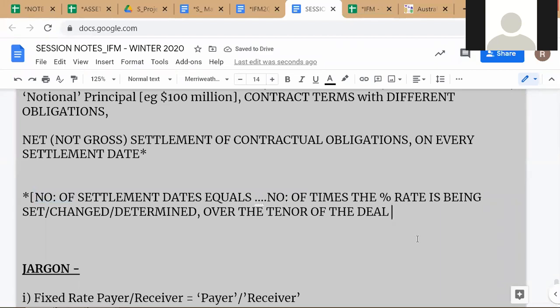Same thing: the number of settlement dates equals the number of times the percentage rate is being set, changed, or determined over the tenor of the deal.